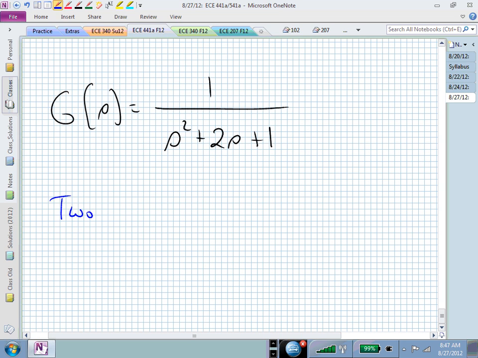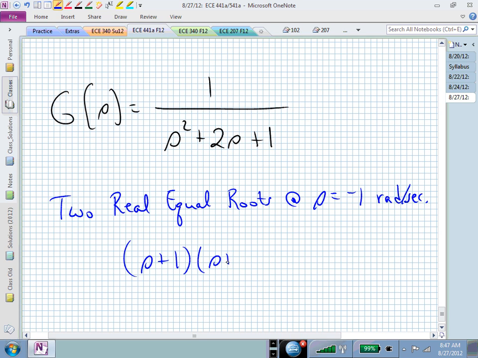These aren't complex. So I now have 2 real equal roots at s equal minus 1, meaning my denominator looks like that.